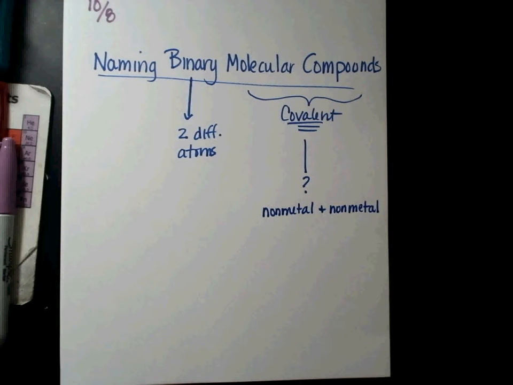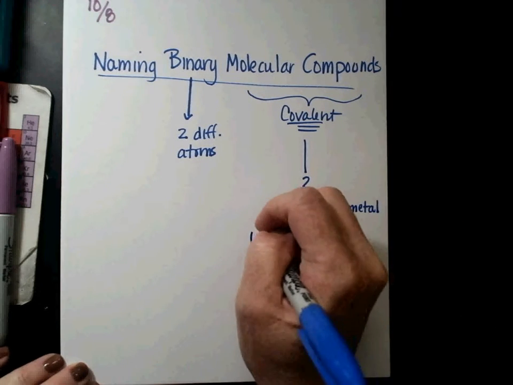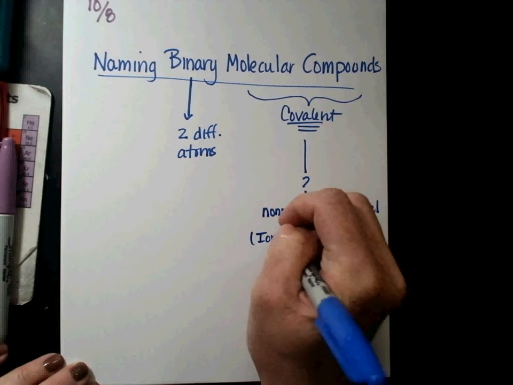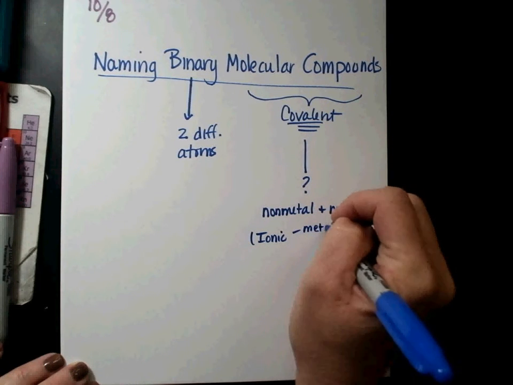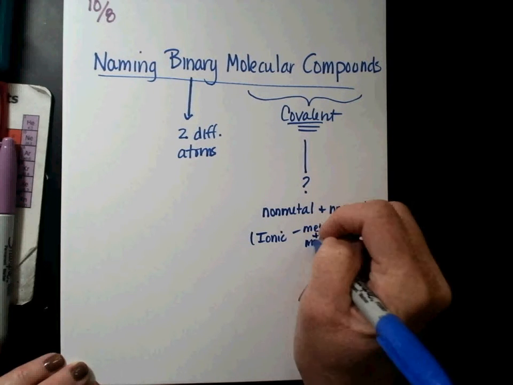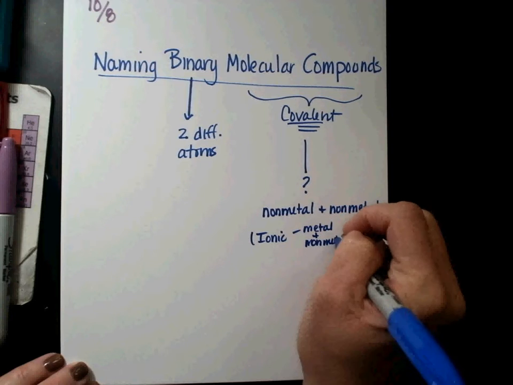Somebody besides Mara. Ellen, can you help me? Yeah. It's a metal and a nonmetal. So maybe we should put that in there again to get it in your brain. Ionic is a metal plus a nonmetal. There we go.